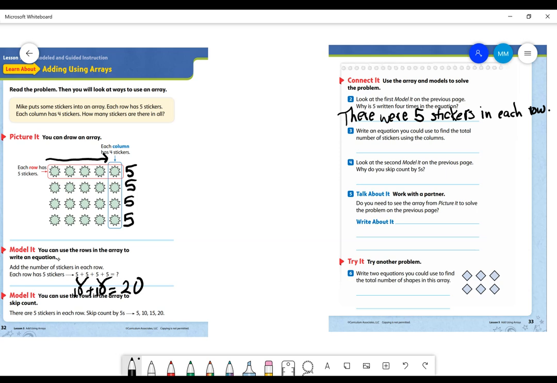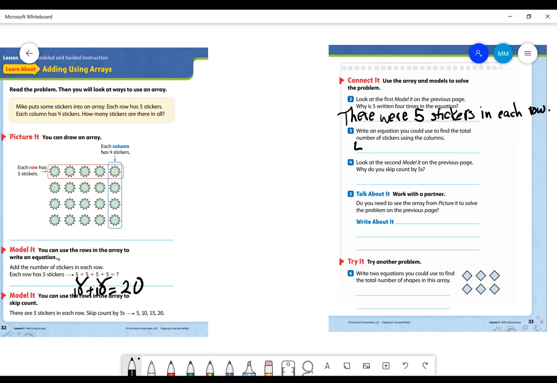It says write an equation you could use to find the total number of stickers using the columns. Ooh, so remember our columns go up and down. If you look over here, they have the first column marked off. So how many are in each column?